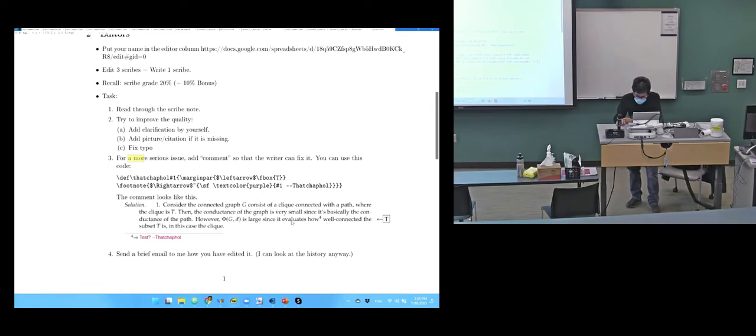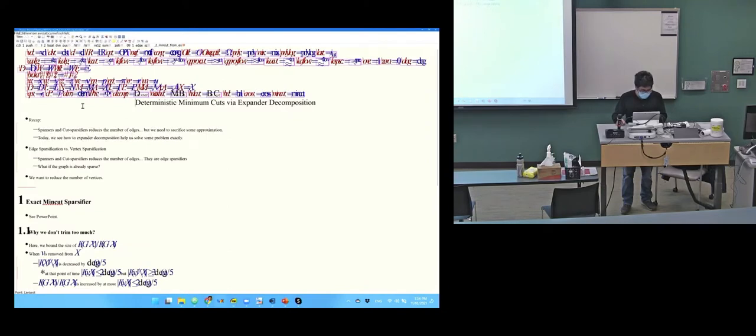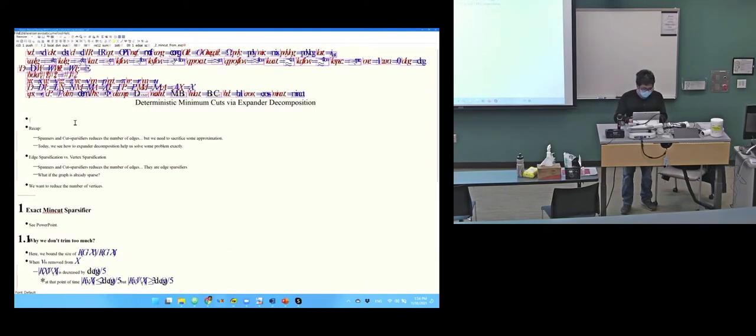For example, using this code, you can add a comment. You type here and add something here.